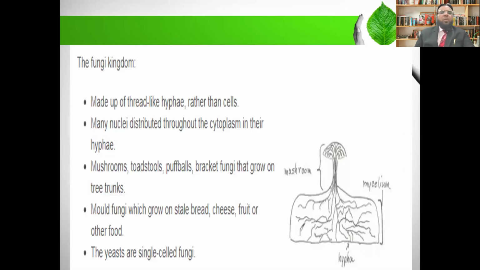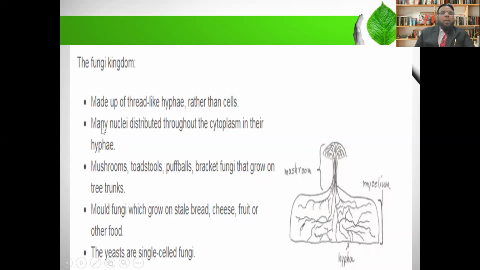Now, fungus, or fungi, the kingdom Fungi. They are made up of thread-like hyphae rather than cells. If you study their body, it's like hyphae. Then there is a root-like structure, which we call the mycelium.